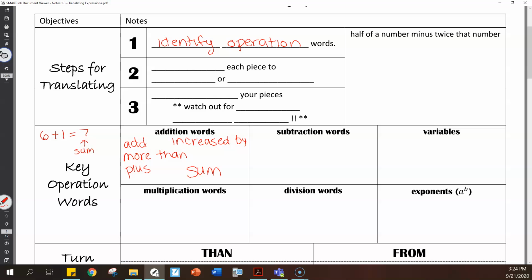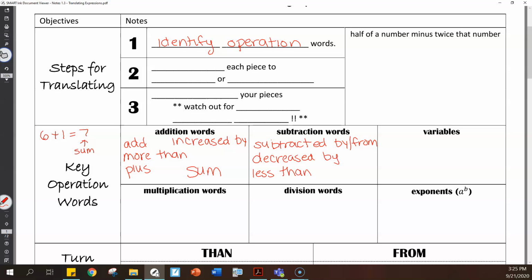We have some similar words when we work with subtraction. We obviously have things like subtract. In this case, it would say something like subtracted by or subtracted from. Subtracted from is probably what you're going to see most. But you also may see things like decreased by or less than.